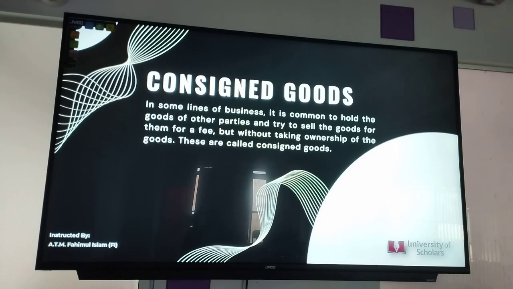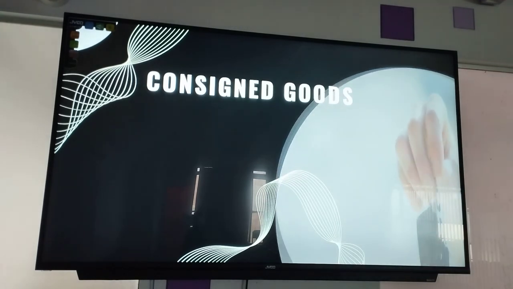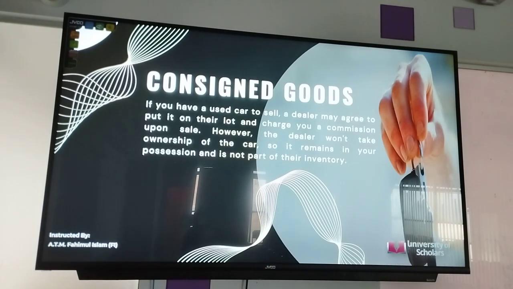We can give another practical example from a foreign perspective. A car dealer example can be effective here. If you have a used car to sell, a dealer may agree to put it on their lot and charge you a commission upon sale. It happens in the US and UK very frequently, that you have a car and it's very old, you want to sell that car, but you're not getting a proper buyer.